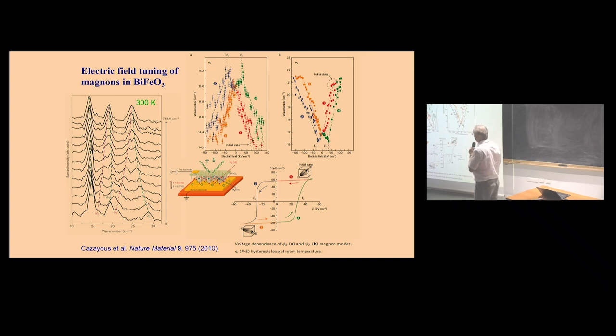The electromagnon is also dependent on electric field. So you can imagine that you can control electromagnons using an external electric field, which could be helpful for magnonics. Let's say that you will not need the magnetic field, but just the electric field.